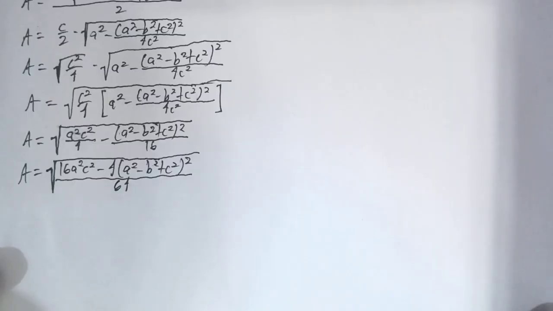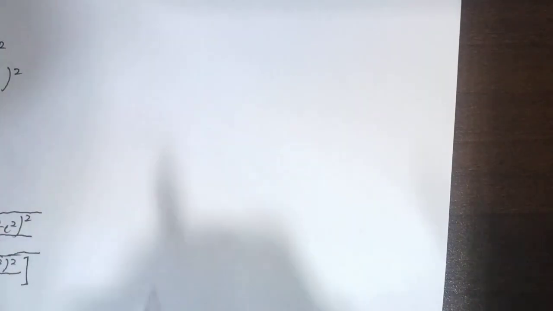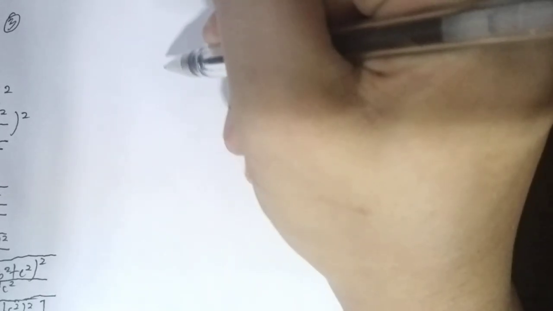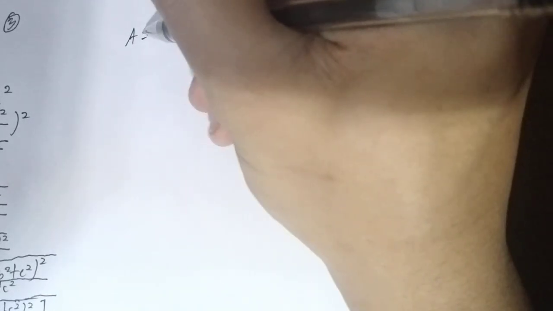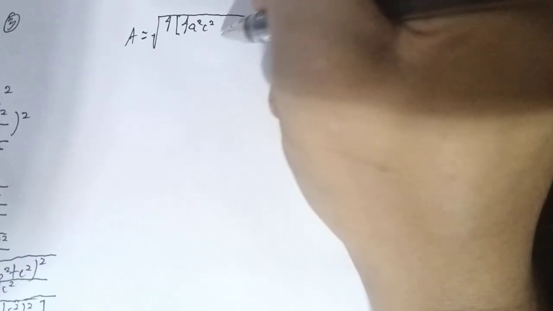Now notice that we can factor out 4 from the numerator, so we can rewrite this as A equal to the square root of 4 multiplied by the quantity 4a squared c squared minus the square of (a squared minus b squared plus c squared).